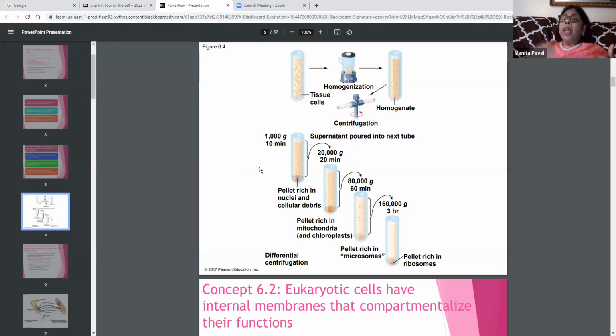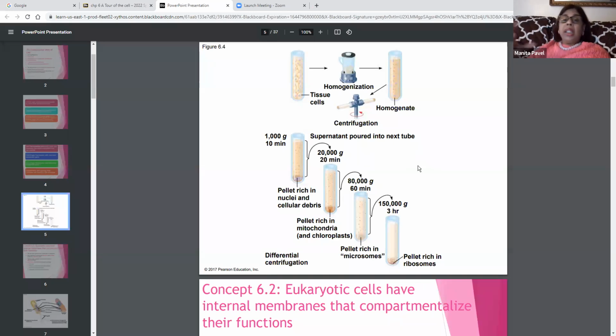For example, if you spin it at 1000 G or 1000 revolutions per minute for 10 minutes, you get a pellet rich in nuclei and cellular debris formed at the bottom of the centrifuge tube. If you spin the same tissue cells at 20,000 for 20 minutes, the pellet will be rich in mitochondria and chloroplasts.